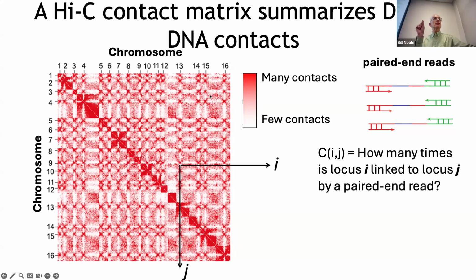But the main concept is that each count in this matrix is a count of how many times you observed a paired-end sequencing read that corresponded to this particular pair of loci. For most of the contact matrices we'll talk about today, the resolution is about 10 kilobases per bin. So you're asking how often some read fell into this 10 kb region and the other end fell into this 10 kb region, and they were linked together.